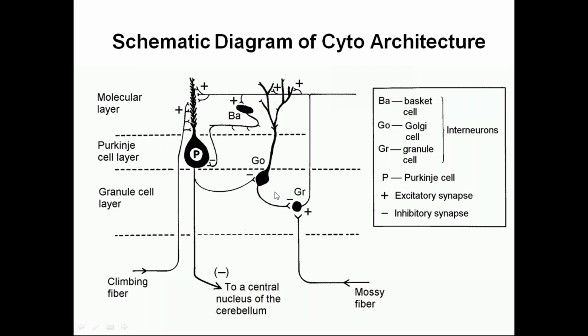The Golgi cell also gives the granular cell inhibitory impulses by its axon, and the dendrites of the Golgi cell go up into the molecular layer.